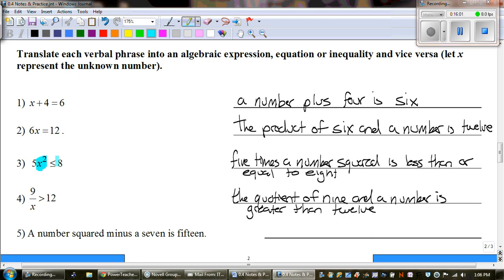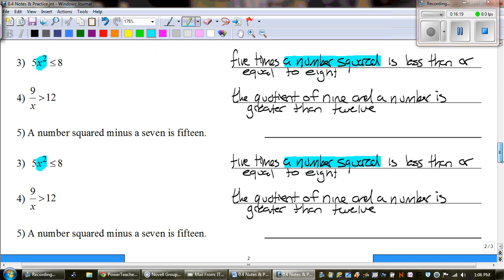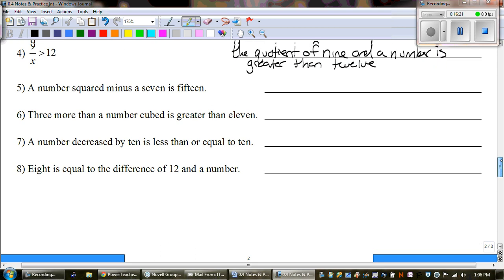Remember that that's x squared, so that's why I'm saying a number squared is less than or equal to 8. Okay? And 4, the quotient of 9 and a number is greater than 12. Okay, so that's the first couple, and now 5 through 8. Okay, so go ahead and pause the video and try those ones as well.